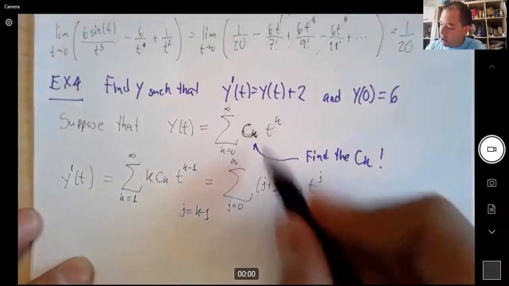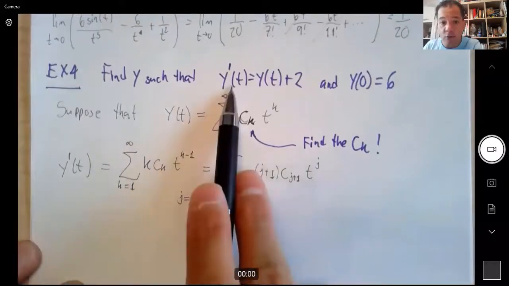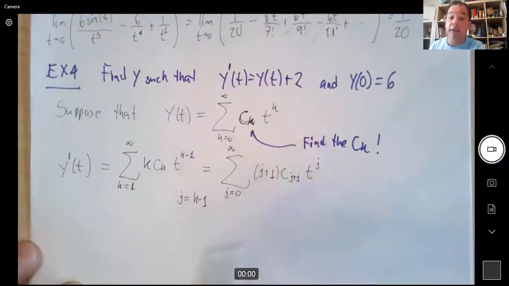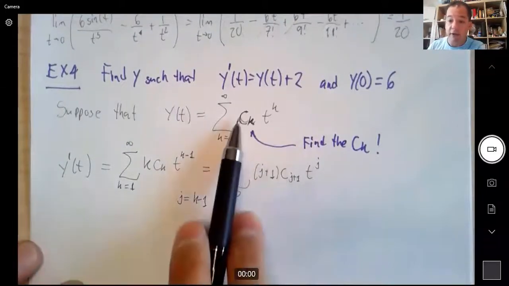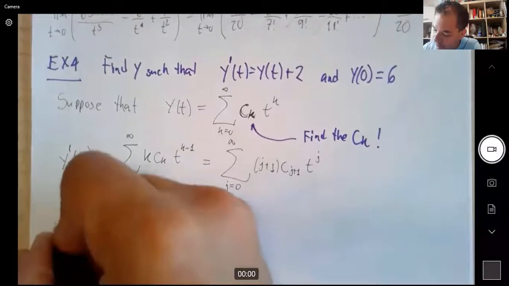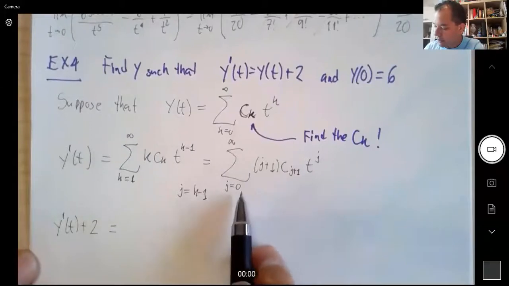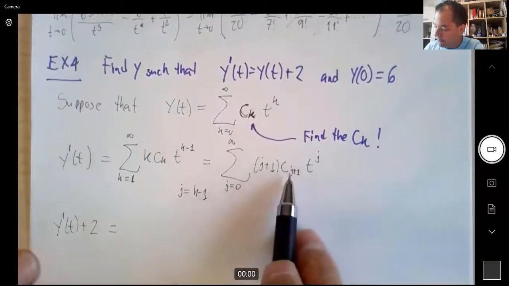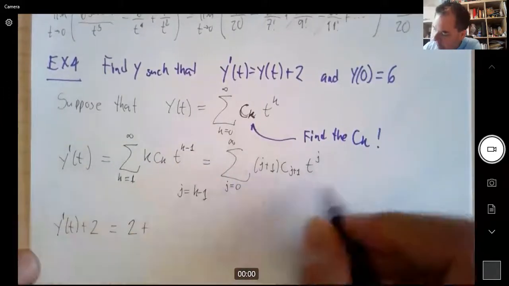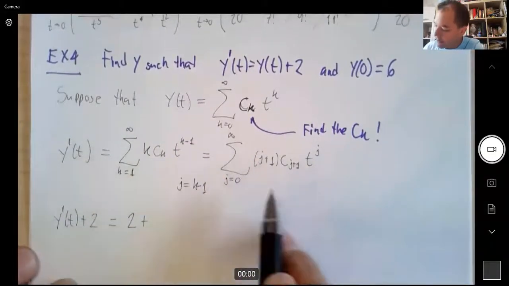And we're doing this so that I can compare these two. Because what do we know? We know that y prime is y plus 2. So this power series, when we add 2 units, should be the same as that one. Is that clear? So let's add 2 units. So what is y prime plus 2? Well, let me write the 2, and then let me expand the terms of this one, right? So this one starts at 0.